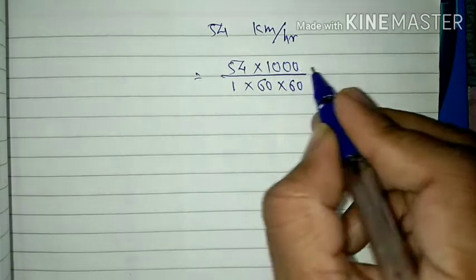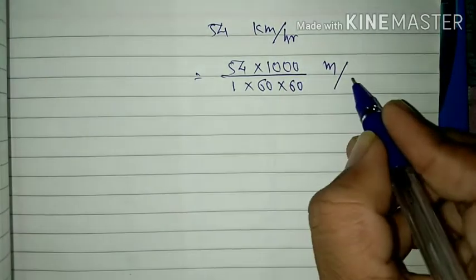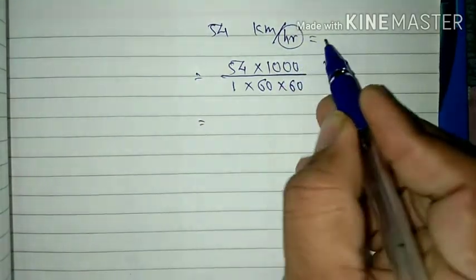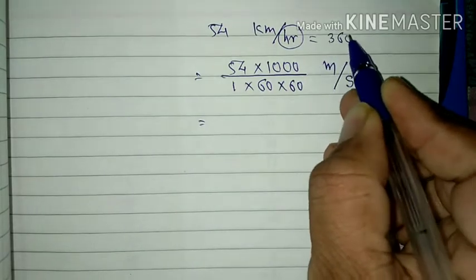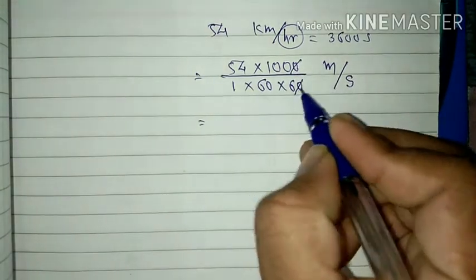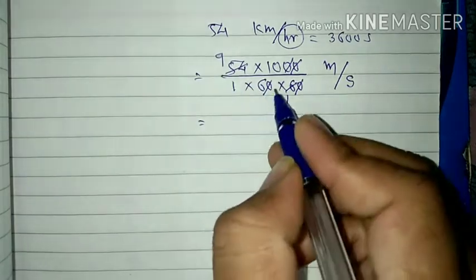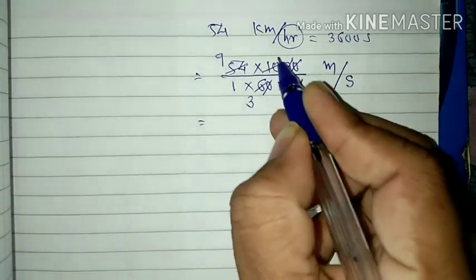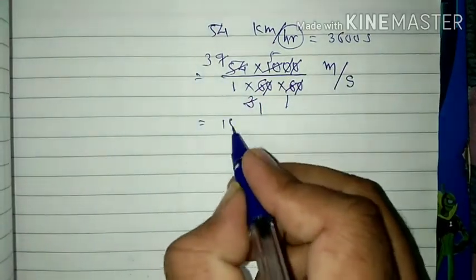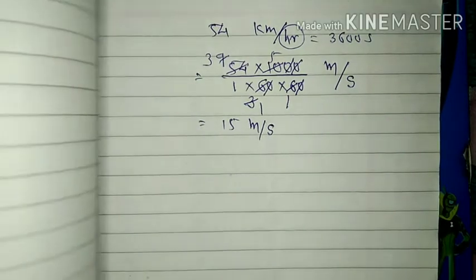So 54 into 1000 becomes meter, and into 60 into 60 becomes second, because we know that 1 hour is equal to 3600 seconds. आप पॉज करके देख सकते हो आराम से.